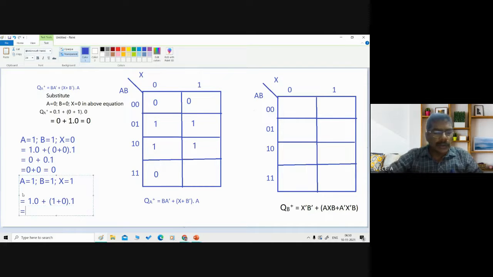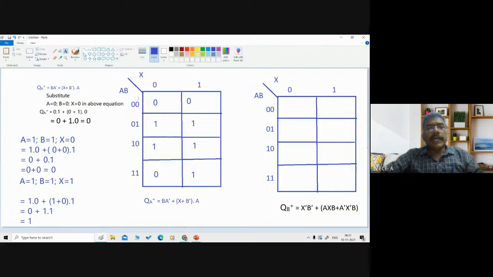So what is the value? 1 into 0 is 0, plus 1 equal to 1. So 0 plus 1 equal to 1. Here I have got a value 1.